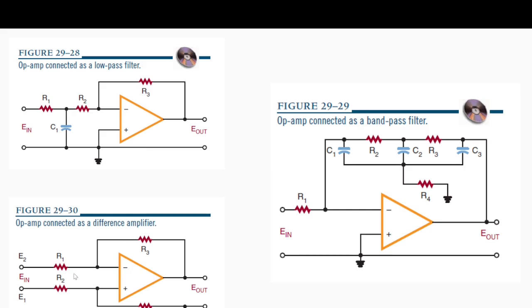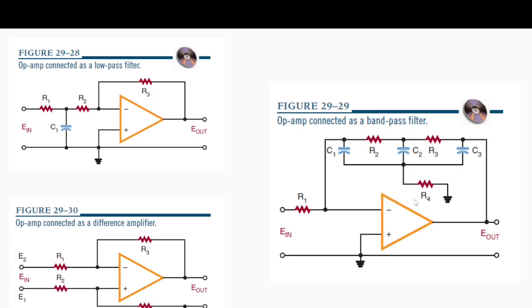This is the difference amplifier, with 2 voltages applied together, at both the inverting and the non-inverting inputs. It amplifies the difference of the voltages, and that becomes available at the output. And this is a band pass version, an active band pass filter using op-amps.